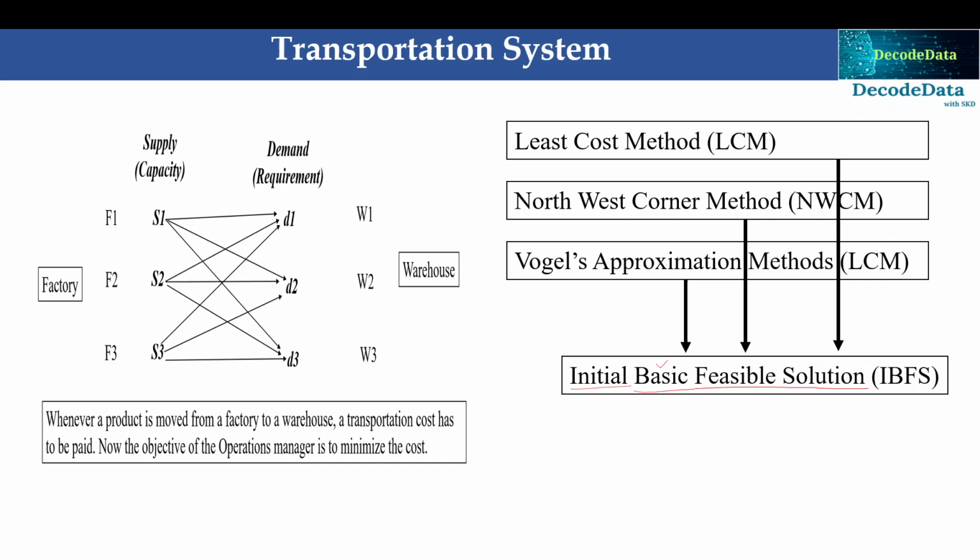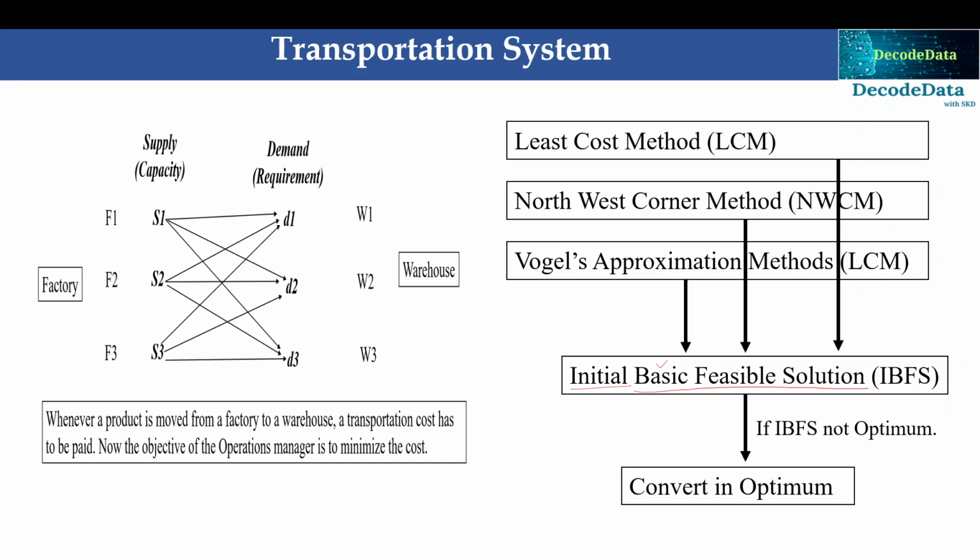If it is not optimum, then you have to convert it into optimum. This is the entire process for the transportation problem when you want to find the optimum cost. First you go for the initial basic feasible solution. Then you check whether it is optimum. If it is optimum, the job is over. If not, you convert it into optimum.